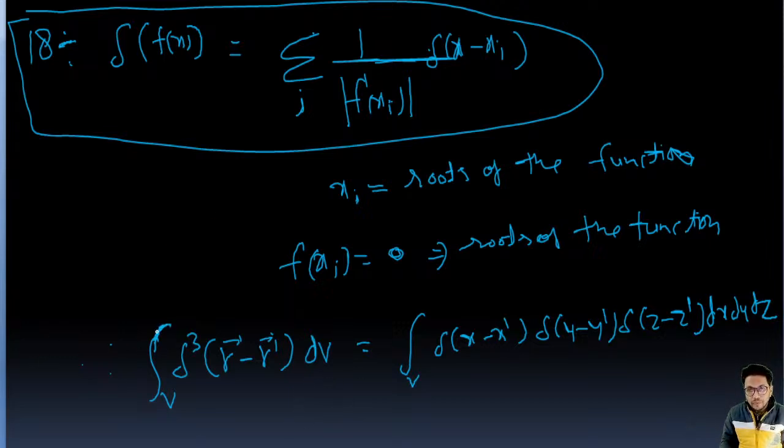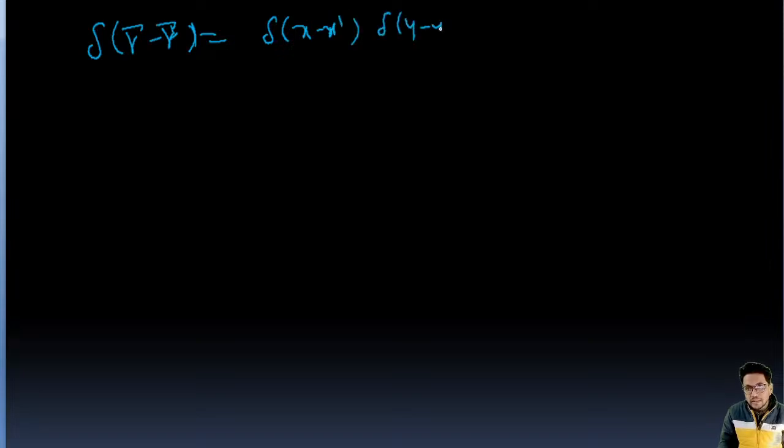This is in Cartesian coordinates. This property I have already mentioned: delta of vector r minus r dash is delta(x minus x dash) delta(y minus y dash) delta(z minus z dash).